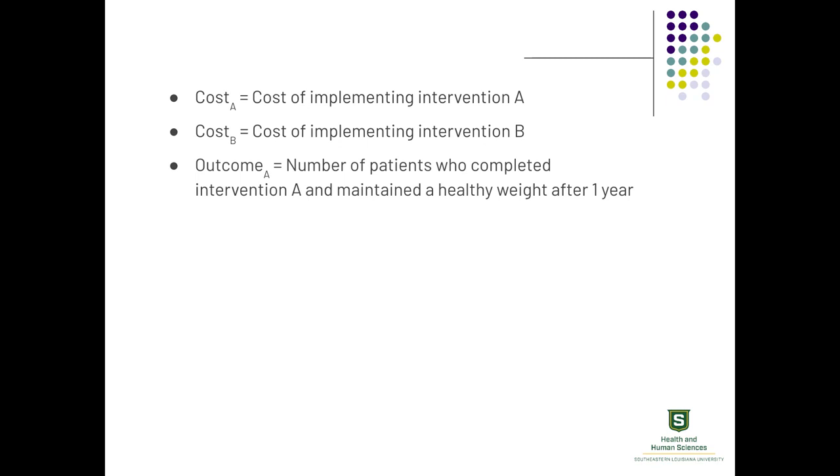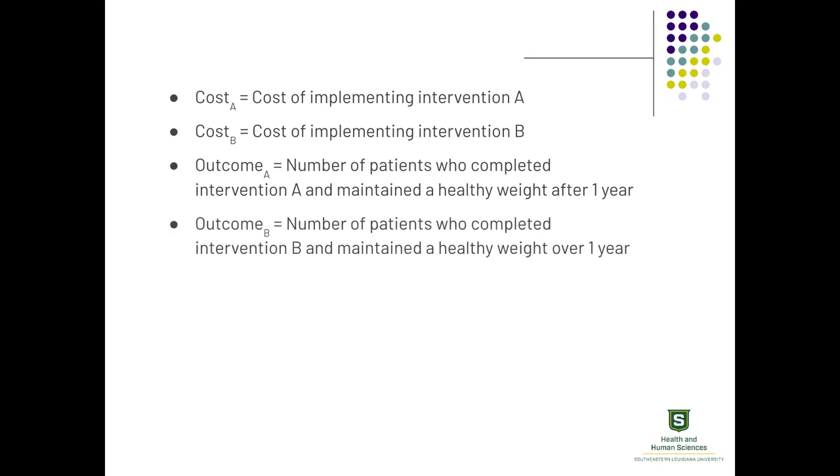That's what you're using to calculate your effectiveness, which in this case is your consequence or outcome. For intervention B, you are using the same metric: the number of patients that completed intervention B and maintained a healthy weight after 1 year. So this is the information that you need.